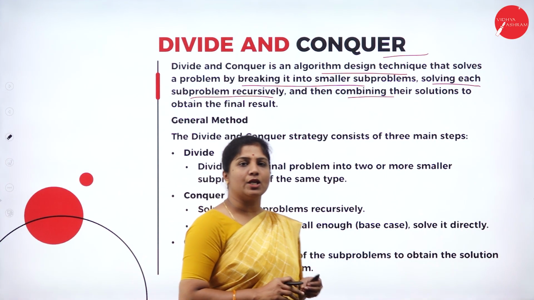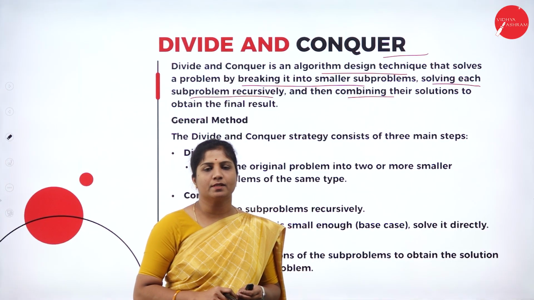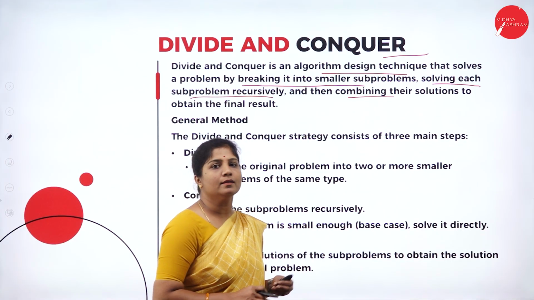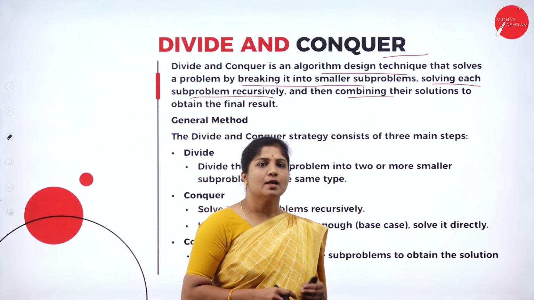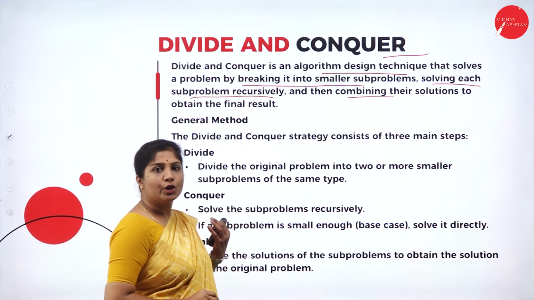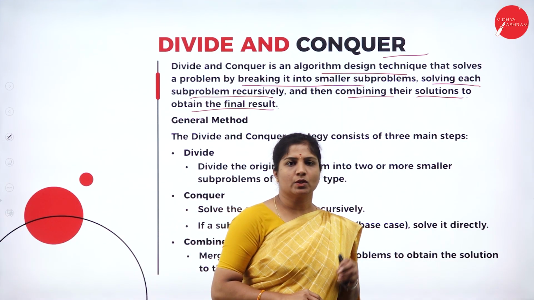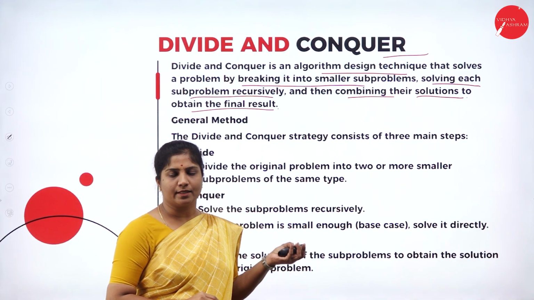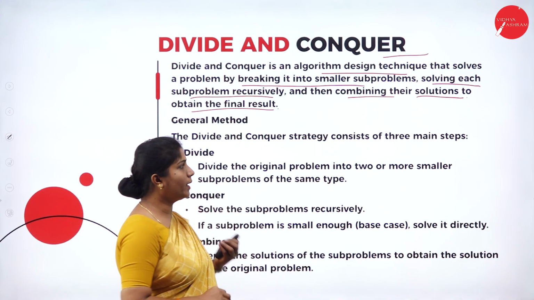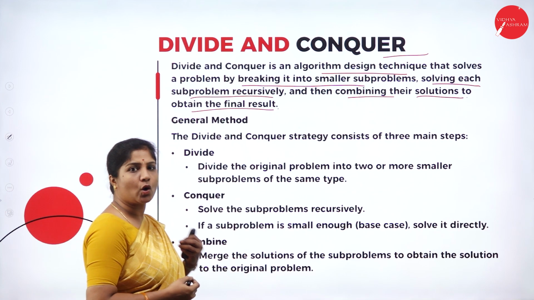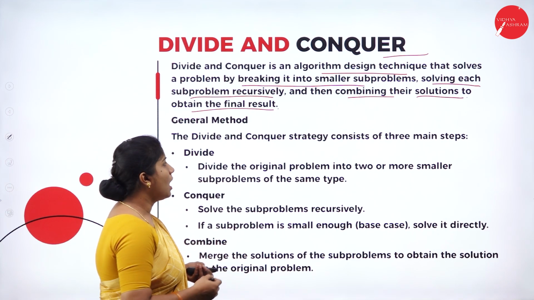After finding solutions for those subproblems, it's going to combine the solutions of those subproblems to get the solution to the main problem. So that is the final result for the main problem. This is how the divide and conquer technique is applied.